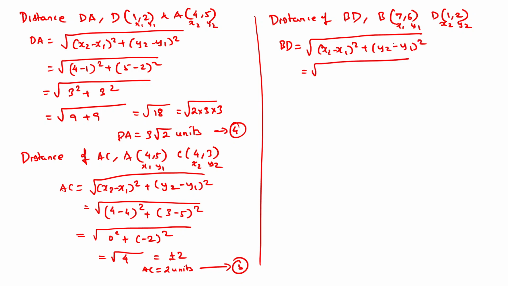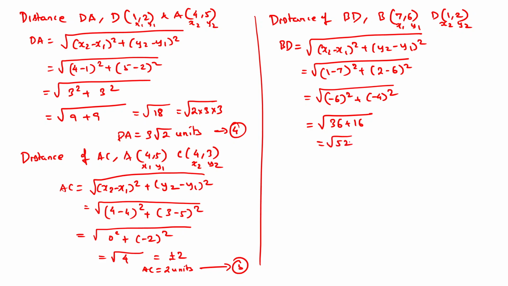That is equal to square root of 1 minus 7 whole square plus 2 minus 6 whole square. That is equal to 1 minus 7 is minus 6 whole square plus 2 minus 6 is minus 4 whole square. 6 square is 36, 4 square is 16. We will get 52.